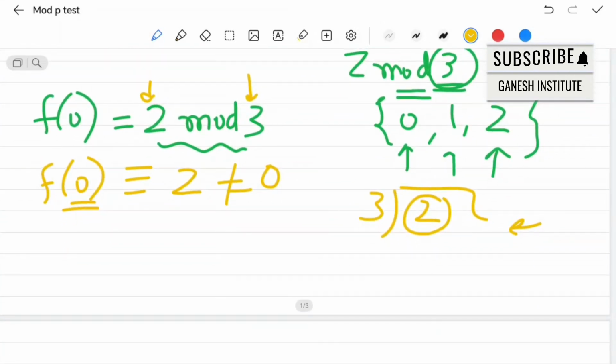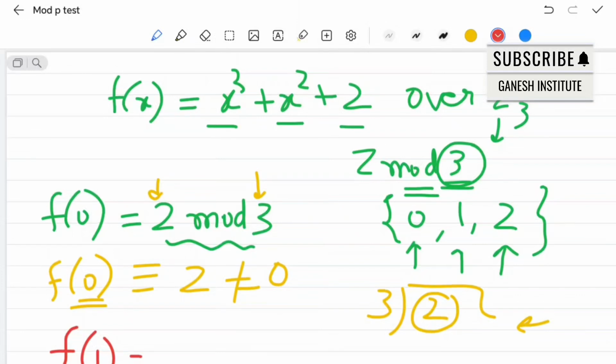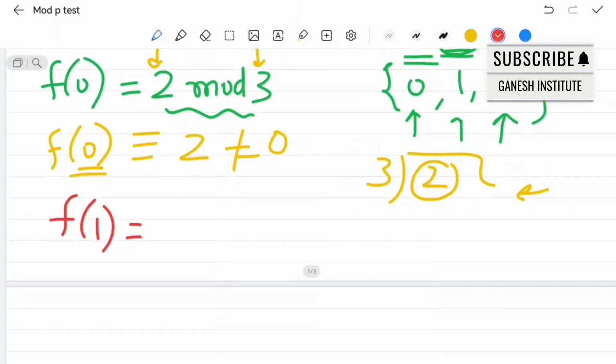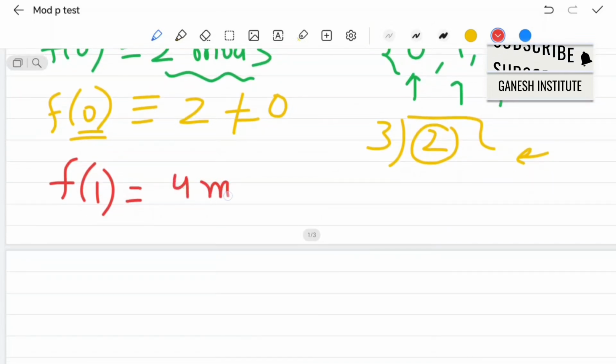Now when we substitute the value of 1 here, we can see 1 cube is 1, 1 square is 1, so 2 and 2, 4. Now 4 modulo 3, this is called mod p test. So we are checking, if we are taking up modulo p, that is a particular prime number, whether we are getting 0 or not as remainder, as the answer. So if the answer is 0, then we can say reducible, and if not, then irreducible.